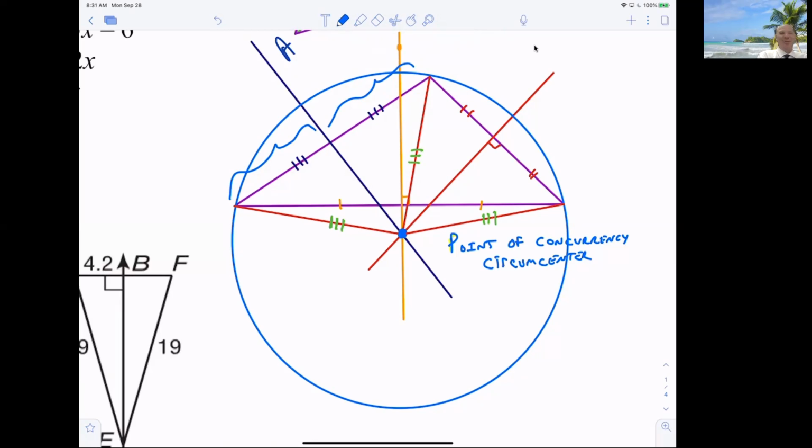Not so cool to some of you. But again, one more time. That is called the circumcenter because we circumscribed a circle around the triangle. And that blue point, the circumcenter, is equidistant from the three vertices.